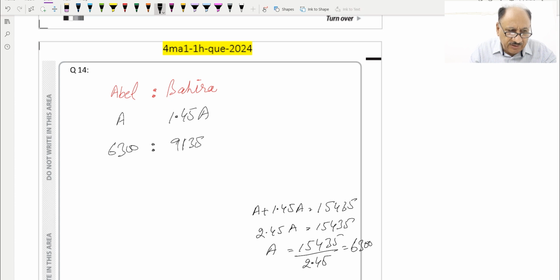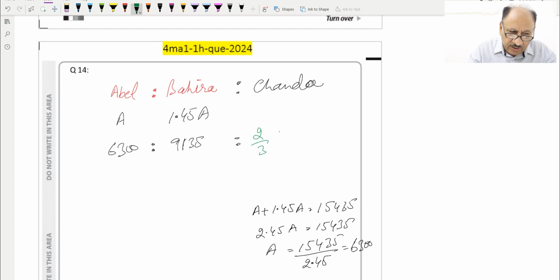Next statement, they are saying the savings of Bahira are 3 by 2 times the savings of Chanda. So Chanda is over here and Bahira are 3 by 2. So we can take 2 by 3 for Chanda. If we inverse this, it will be 2 by 3.